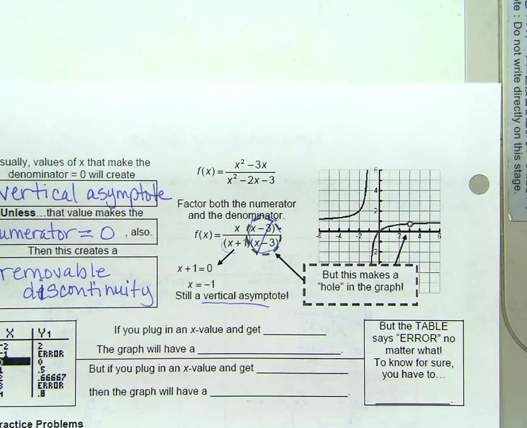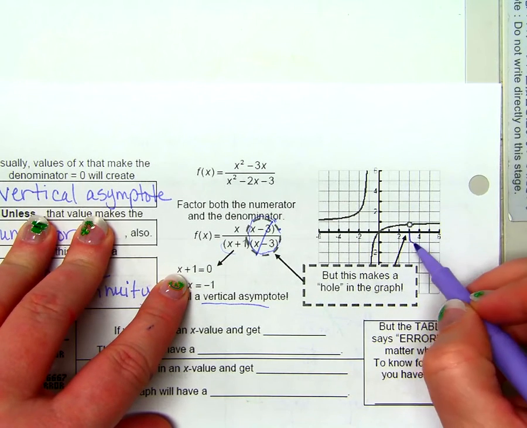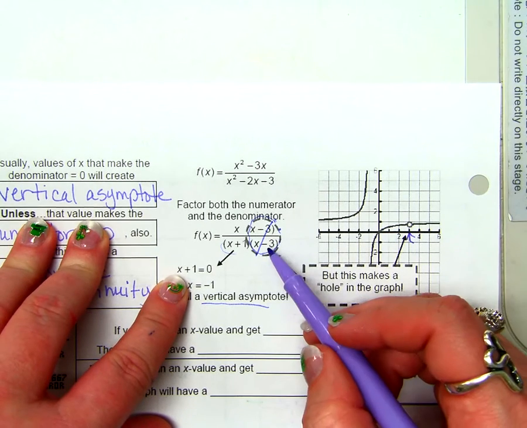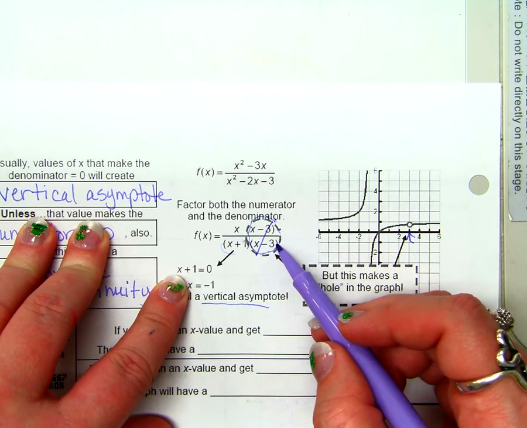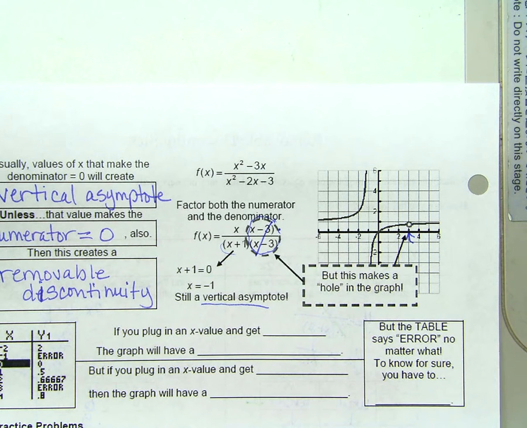Okay? But here's the deal. Where is the hole in this graph? At 3, right? How did they figure out that it was at 3? They set these equal to 0 also. Does that make sense? We're still setting them equal to 0. We have to decide if they're an asymptote or a hole. Okay?